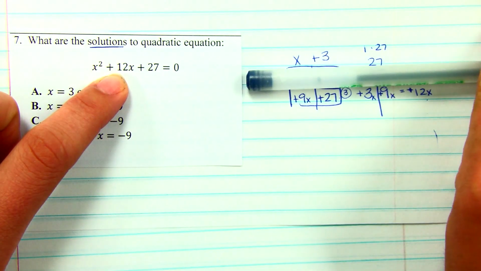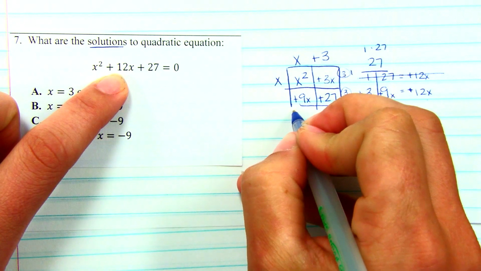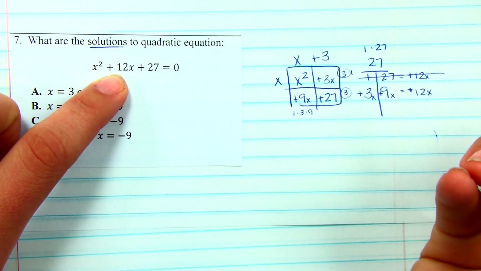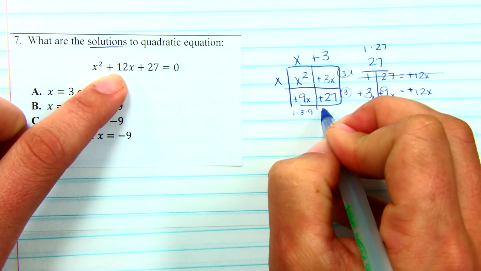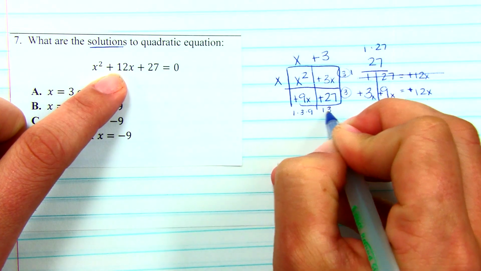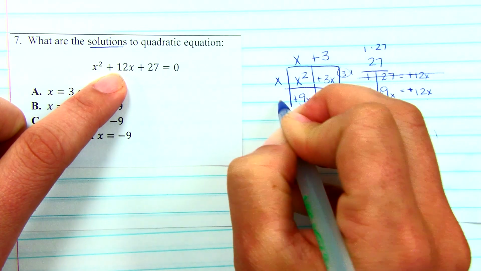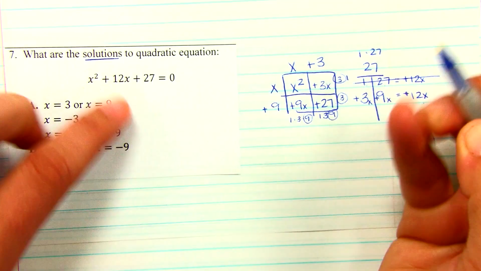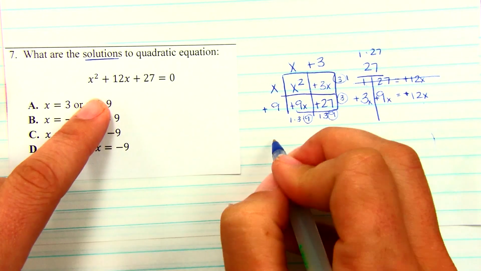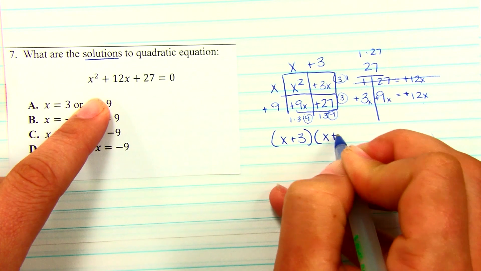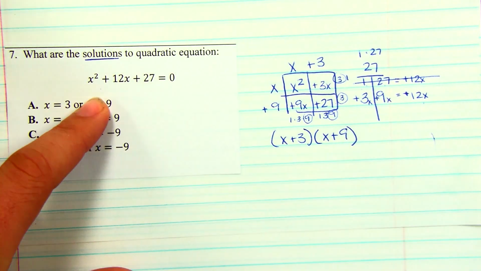So 9 is divisible by 1 and 3, and also 9. 27 is divisible by 1. 27 is divisible by 3. 27 is also divisible by 9. So 9 is actually our largest number. So we'll take that out. So this factors into x plus 3 times the quantity x plus 9. You'll learn about the next step in the next video.